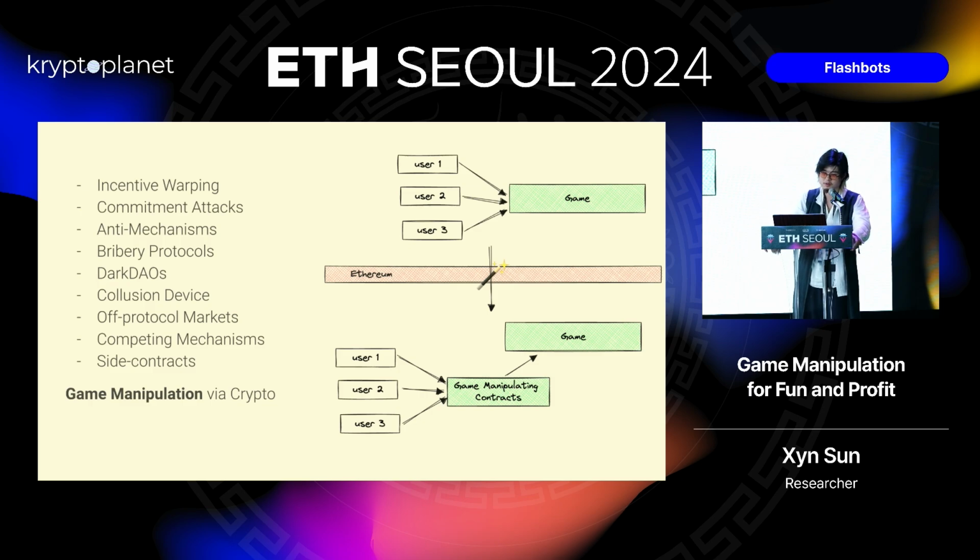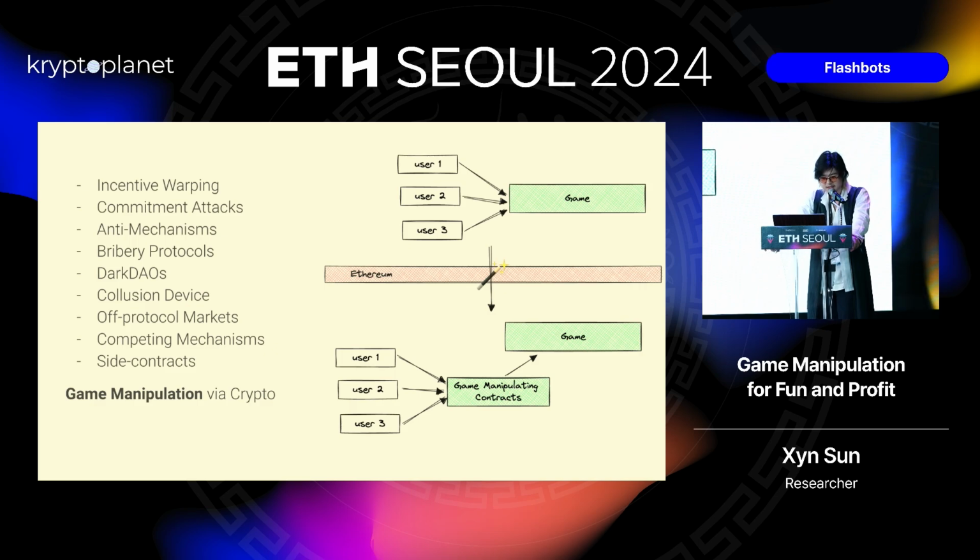They play the game using their strategies, get a certain equilibrium payoff. Now, via Ethereum, we modify the game by deploying certain contracts, and now all of the users could collude, bribe, or Sybil via the game manipulating contracts, and the contracts basically access this attorney or lawyer that plays the game for the agents.